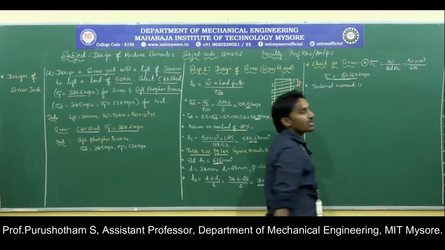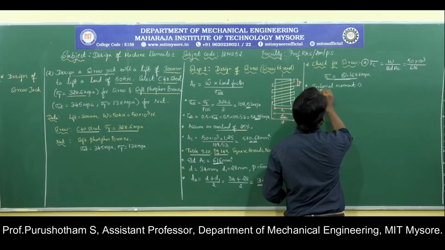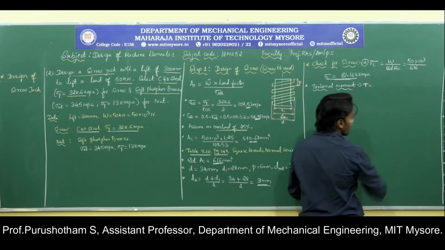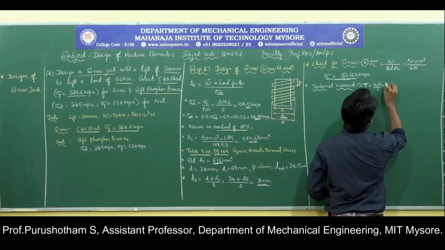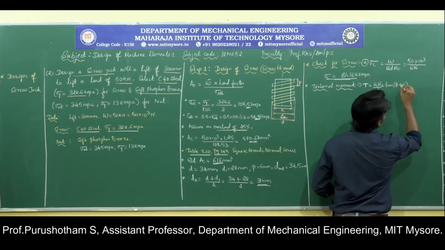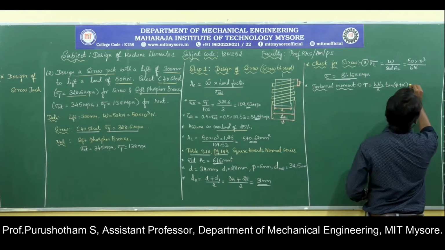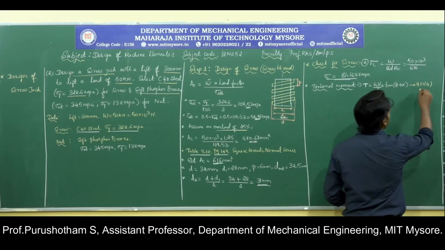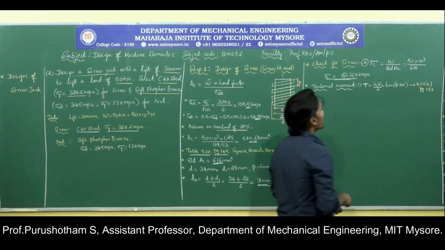That is the torque required to raise the load, which is given by T equals W d2 by 2 tan of phi plus alpha. This is available in the data handbook, 9.11b, page number 132.